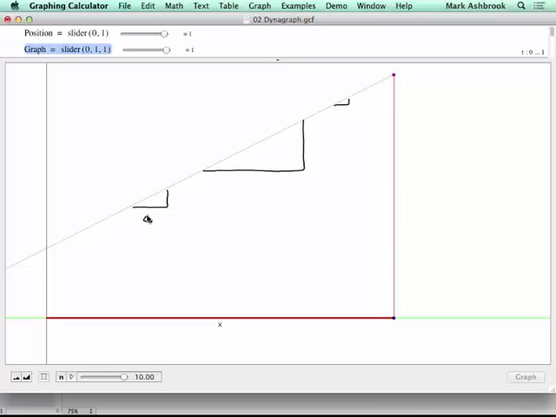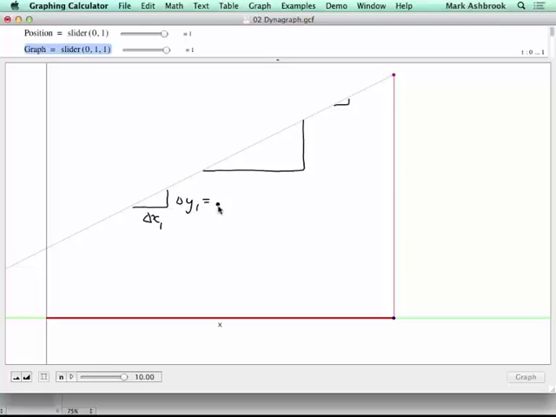I'm showing a change in x, say delta x1. How could you write the corresponding change in y? Change in y1 would equal what?